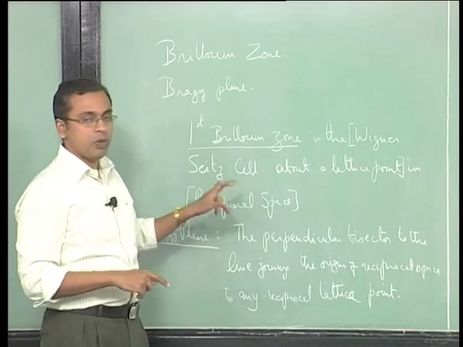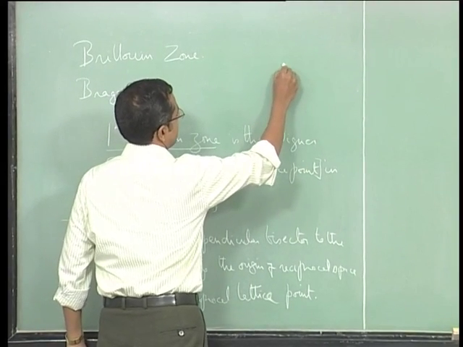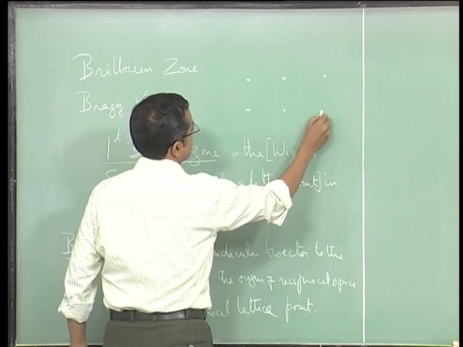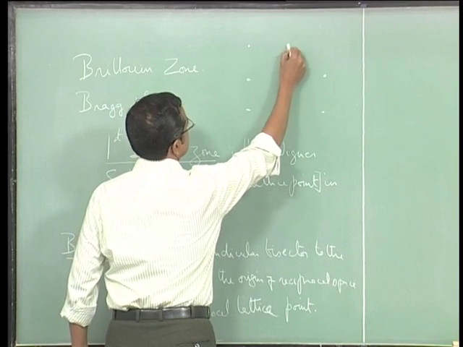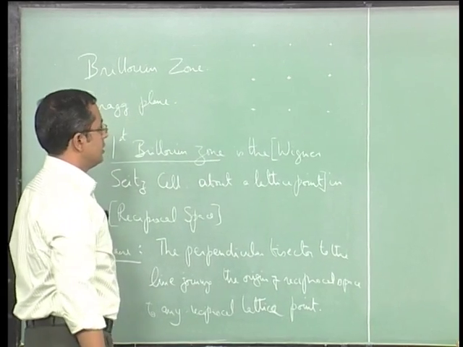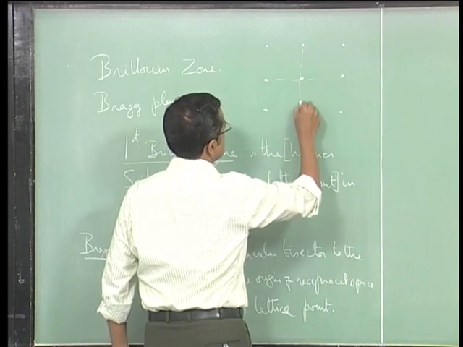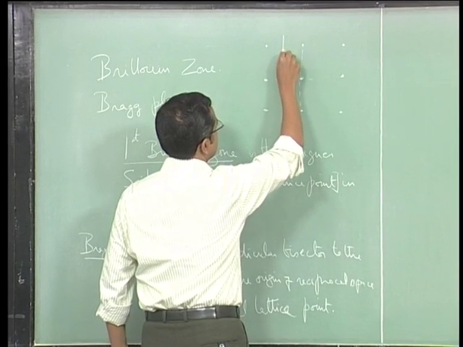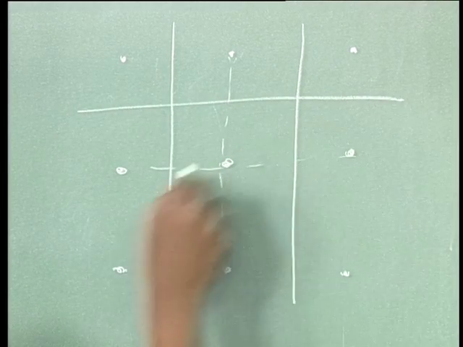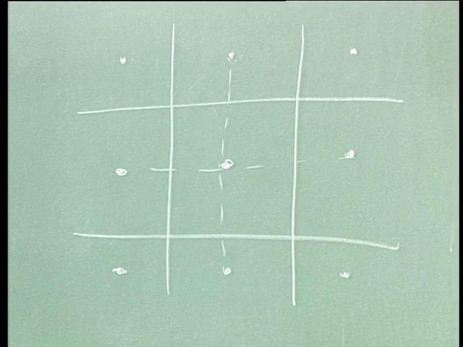Now think about it carefully. What do we have? If you have a set of points, so we did this 3 by 3. Okay, 3 by 3 set of points, and we found that if you just draw the perpendicular bisectors, you will end up getting this square region, which is then your Brillouin zone, the first Brillouin zone.